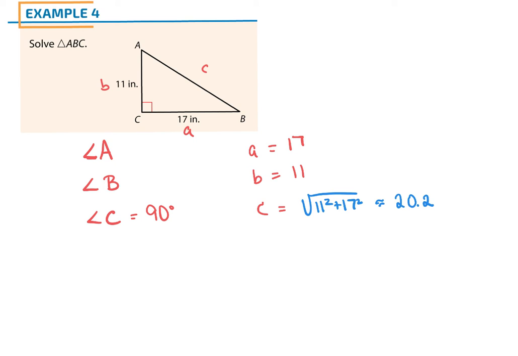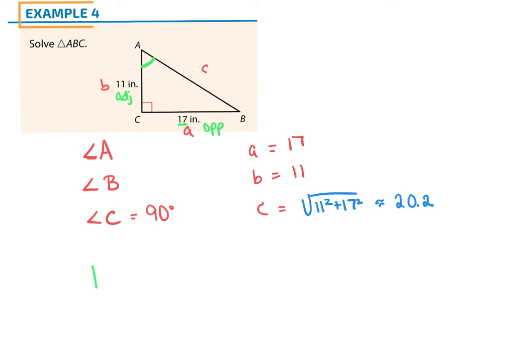You typically want to use the side lengths they gave you, not your rounded one that you just calculated with Pythagorean Theorem. So if I want to solve for A, I'm going to use the two sides they gave me. What is 17 based on what A is? Opposite or adjacent? It's opposite, which means B is adjacent. Which of my three trig functions deals with opposite and adjacent?